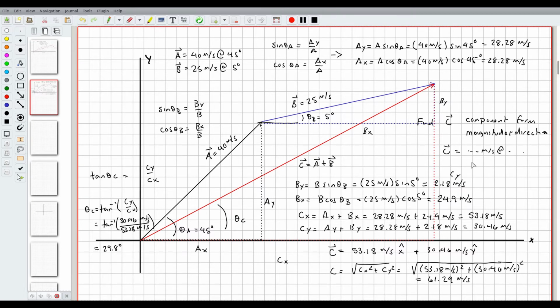So, what's C equal to? Well, in component form, don't forget your units.